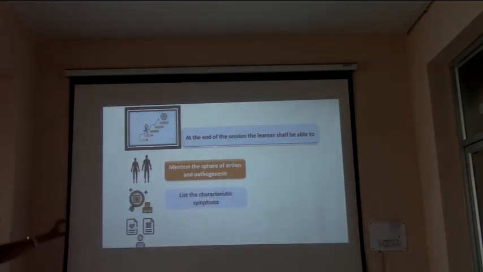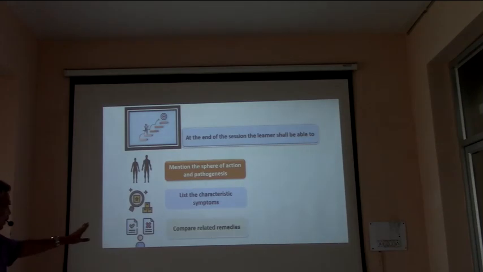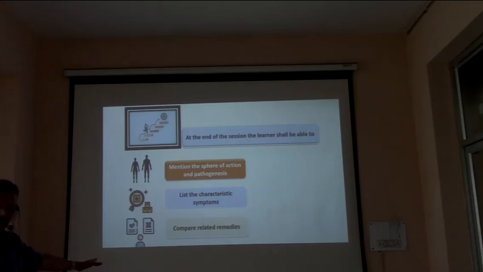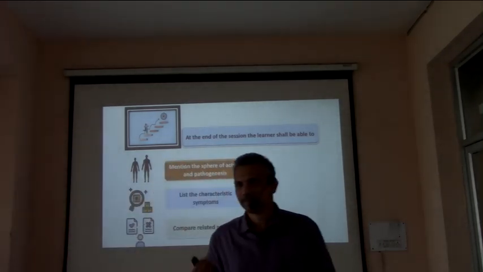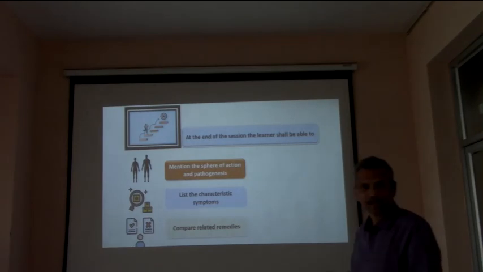Now whatever characteristic symptoms I am trying to give you, that we are trying to compare. So compare related remedies. So post-lunch session will have ample opportunity for discussion. Okay. So hope the objectives are clear.